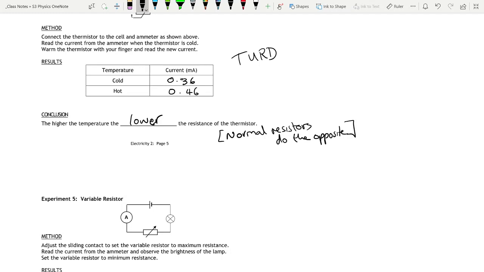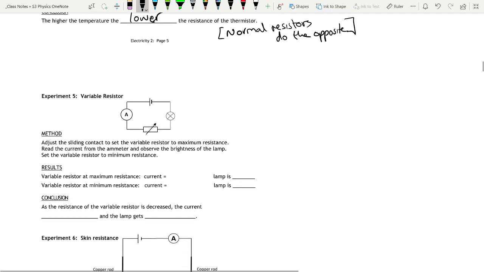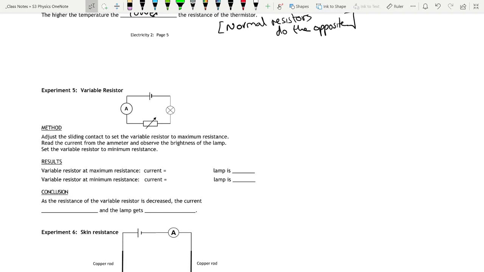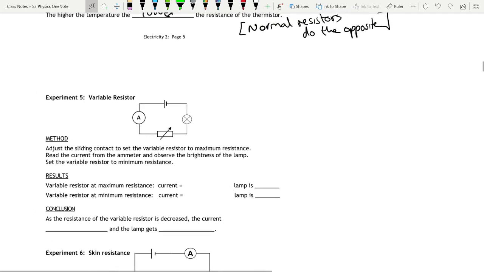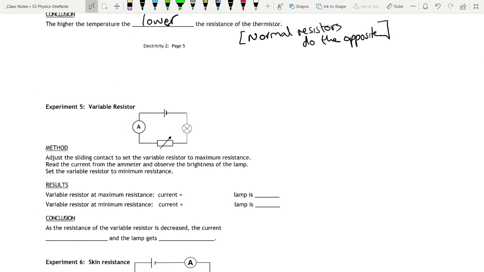Okay. Right, experiment 5, the variable resistor. So Charlie, you have probably had the most writing to do of everybody. So you're moving the variable resistor to one side and then to the other. So the variable resistor at the maximum resistance, what did you get for that? Is that amps? Yeah. Yep. And what did you get for the minimum resistance?